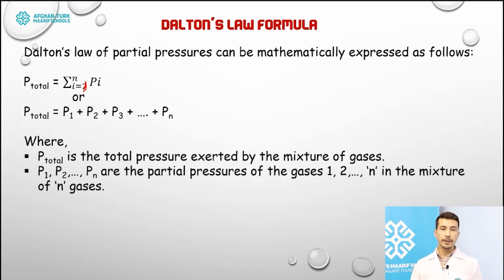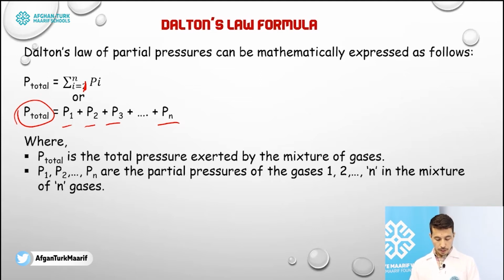If we simplify this, we can also write that P total is equal to P1 plus P2 plus P3 up to Pn. If we sum up the partial pressures of all the gases present inside the mixture, we will get the total pressure of the gases. Here P total is the total pressure of the mixture, and P1, P2 up to Pn are the partial pressures of each separate gas present inside the mixture.